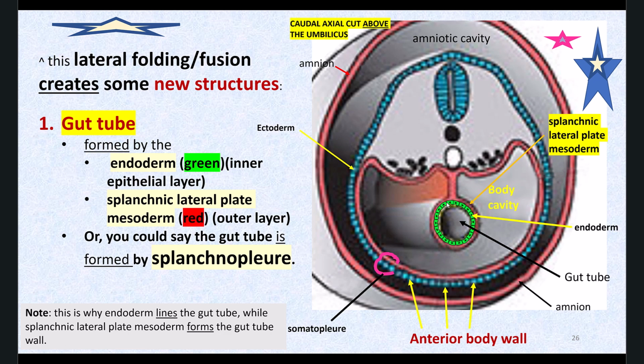So endoderm gives rise to the epithelial layer of the gut tube. The rest of the wall comes from what? Good. Splanchnic lateral plate mesoderm. Or you could say the entire gut tube comes from splanchnopleural or splanchnopleuric mesoderm, if you want to combine these two layers.